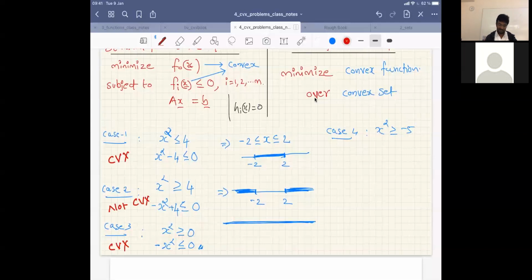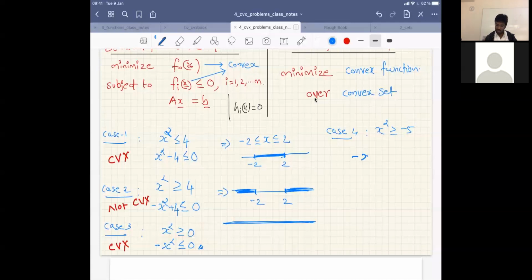Okay, you just need to think what it is. It is the same as the previous case 3. Yes, it's just always going to be positive. So it's just the entire real number line. So yeah, correct.